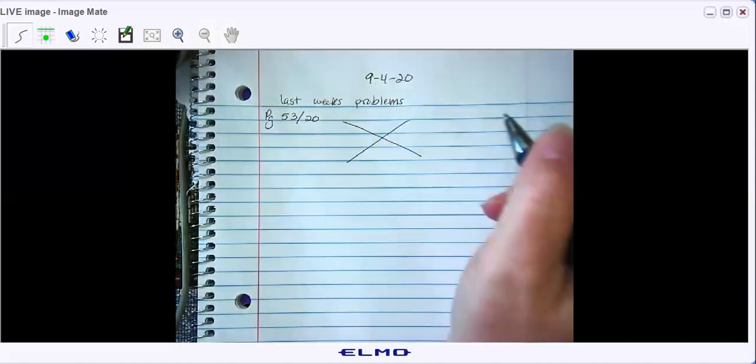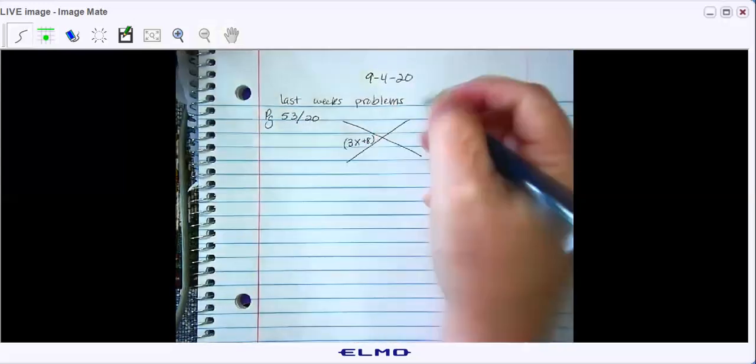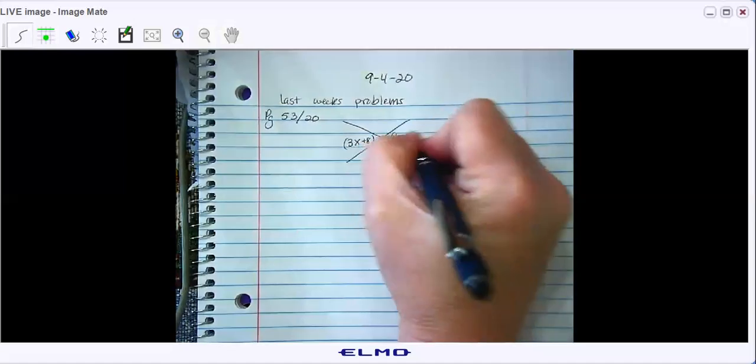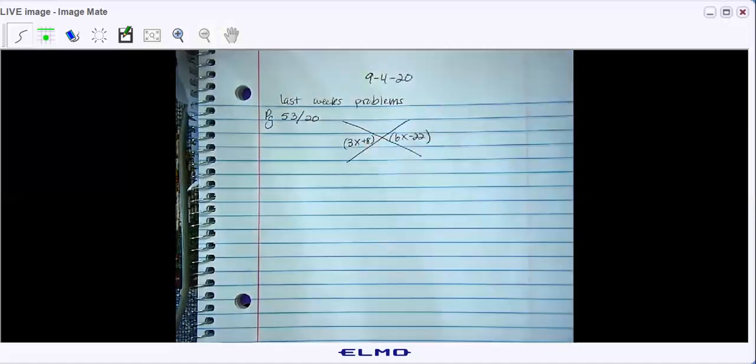So page 53, number 20. So they give us an x, like so, and they tell us that this angle is 3x plus 8, and this one is 6x minus 22. So recapping last week, we were given 3 types of angles that we were looking at.